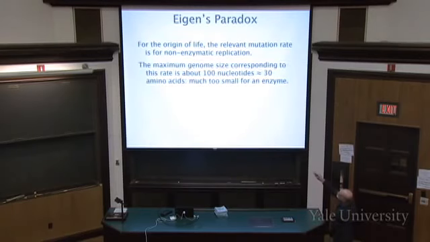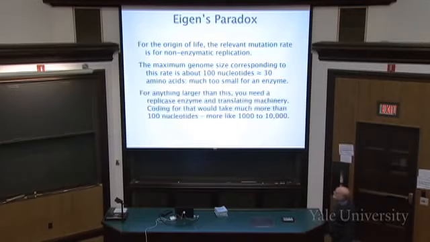And for that, it turns out, he did the calculations, the maximum genome size is about 100 nucleotides. So if we're dealing with replication of a DNA-like or an RNA-like molecule, you can only get up to a genome of about 30 amino acids with the kinds of mutation rates you get with non-enzymatic replication. Well, that's much, much too small for an enzyme.